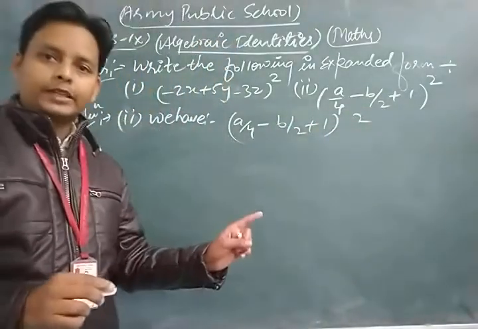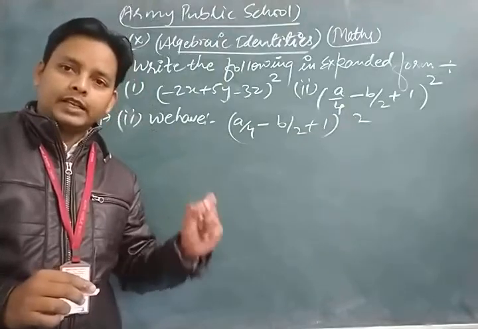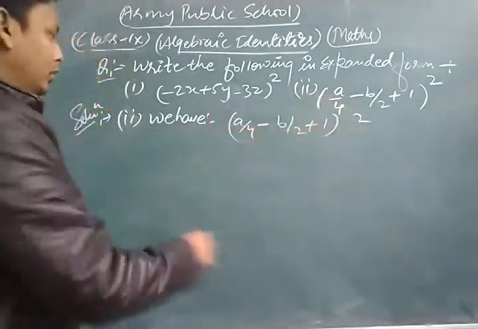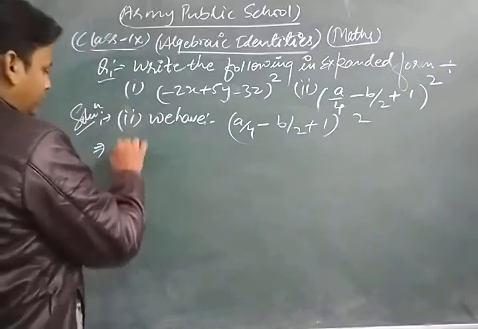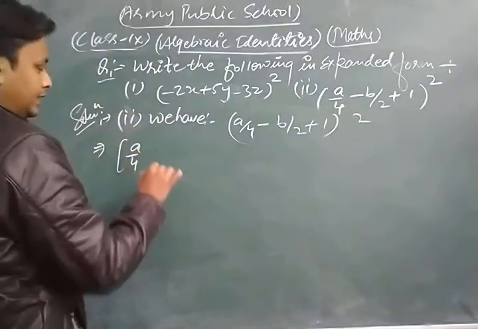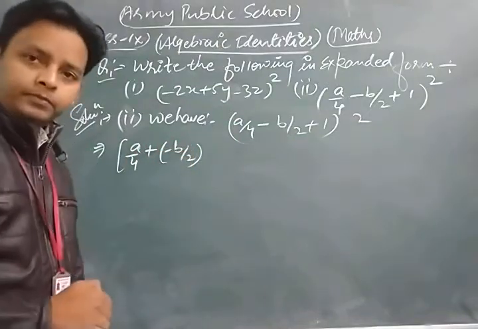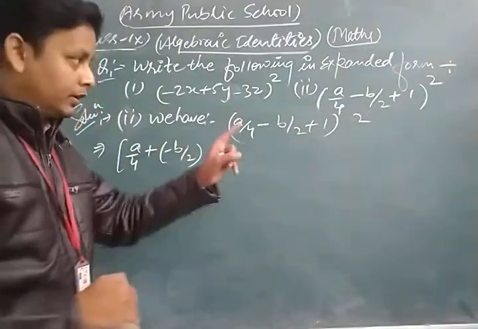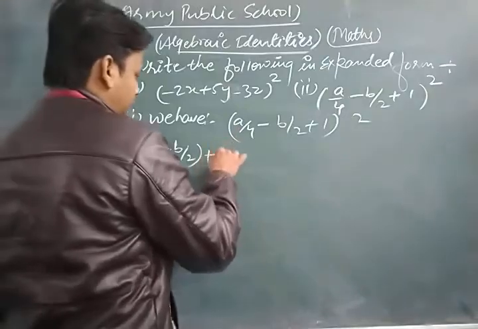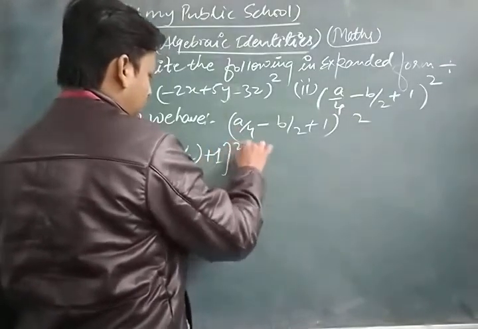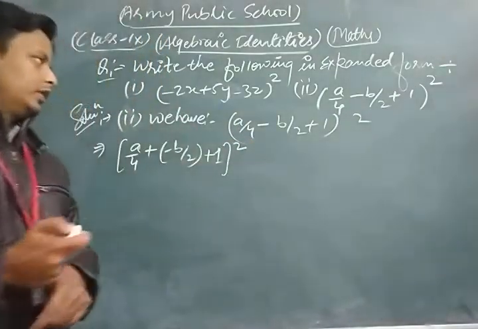To expand it based on the identity (a plus b plus c) whole square, first of all we can write it in this way: a by 4 as it is, plus minus b by 2, and plus 1, whole square.